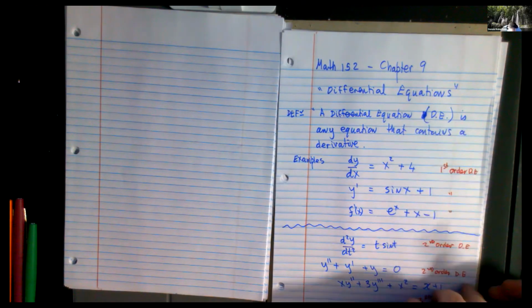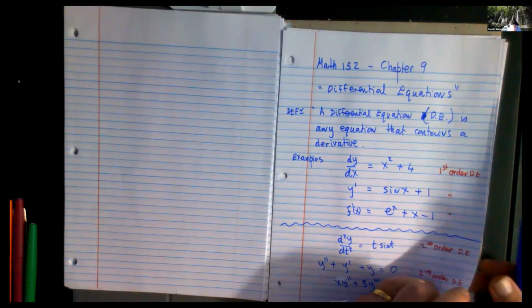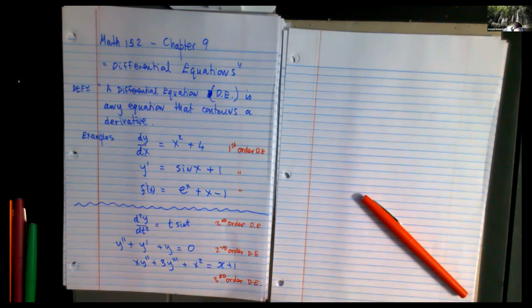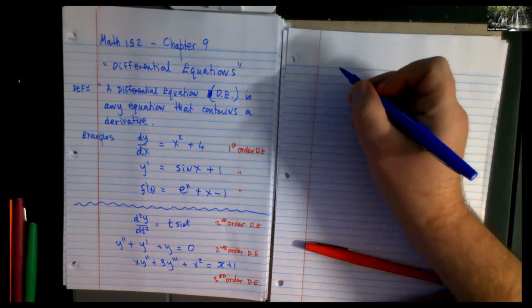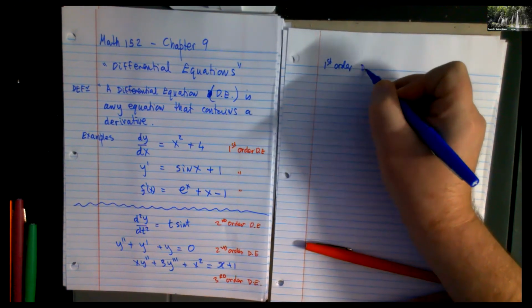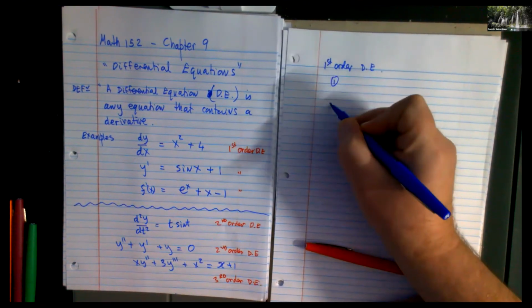So within those, there are lots of other names. We are only going to focus, for the most part, later on, next week probably, but we'll see, on first order differential equations. But there are two major types that we're going to look at.